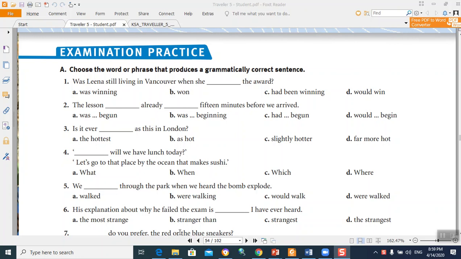We had 3 topics in these 2 units, unit 3 and 4: past tenses, comparatives, and questions and word questions. We are going to answer some exercises on page 53 in your student's book, which is examination practice. So let's start together.